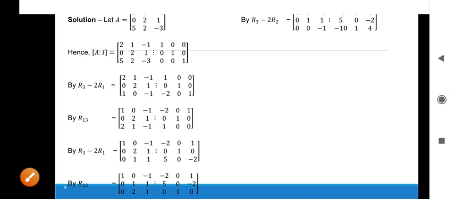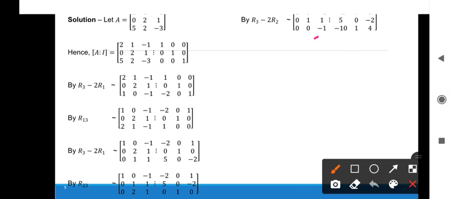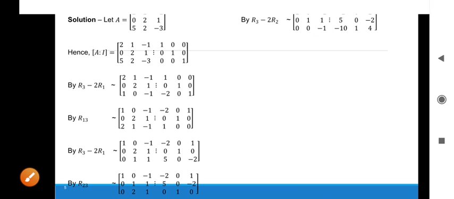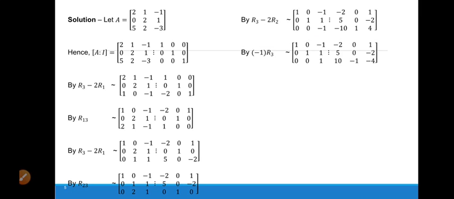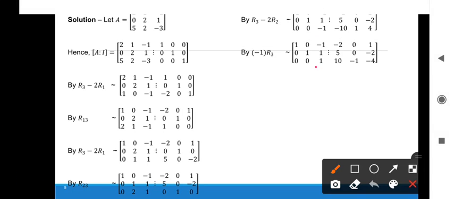Next, now we have to make this element as 1. It is already 1 but with negative sign, so you have to just multiply third row elements by minus 1 so that you can get the third row third column element as positive 1. So the operation minus 1 into third row gives us the required third row third column element as 1.